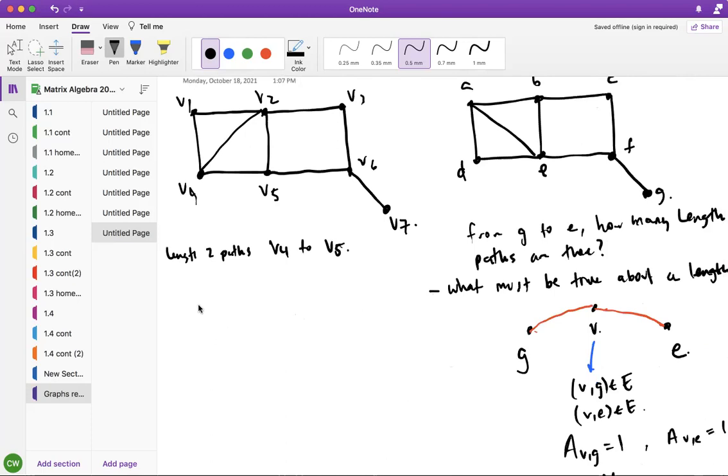All right, so the adjacency matrix, based on this configuration, will be 0, 1, 0, 1, 0, and then 0, 1, 1, 1.